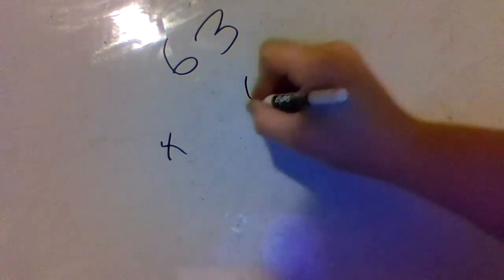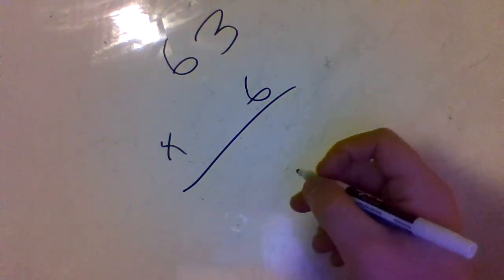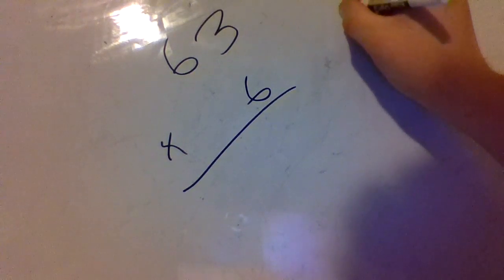So let's incorporate the box method in here. So we're gonna do this a few different ways. Let's start with a box, rectangle, because that'll make it easier.